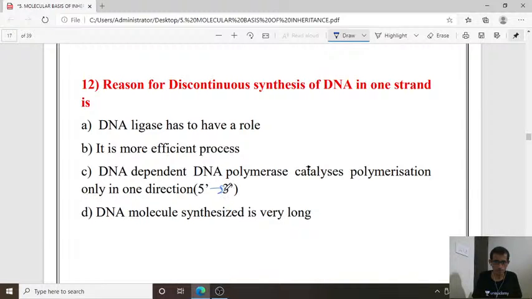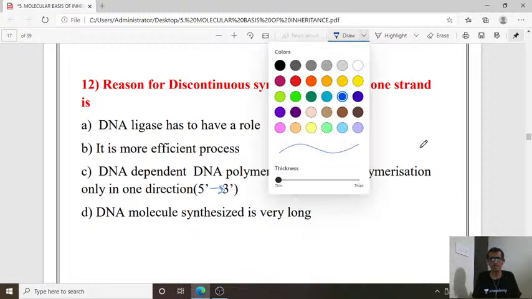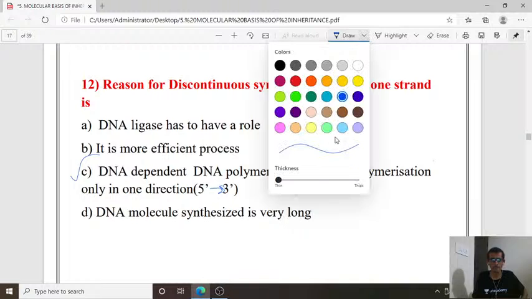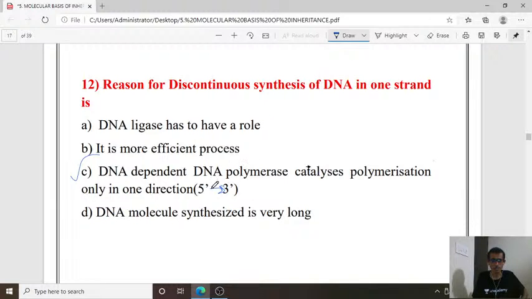It should be from 5' to 3' direction. So C is the right answer for question number 12.